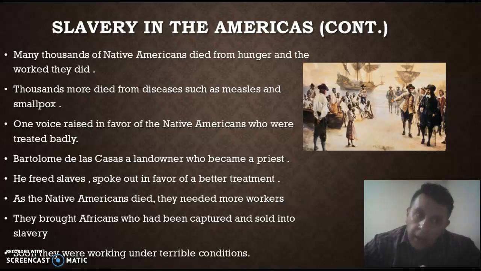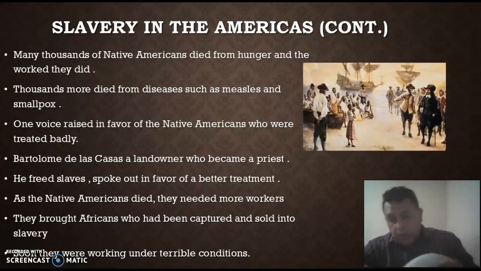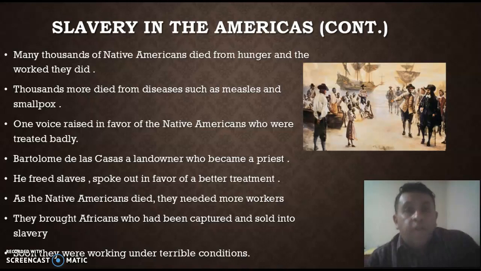Now, if you do a little research, you will find that he convinced one king. I don't recall the name right now. Probably have it somewhere here. King Charles, yes. King Charles I of Spain abolished slavery on paper.